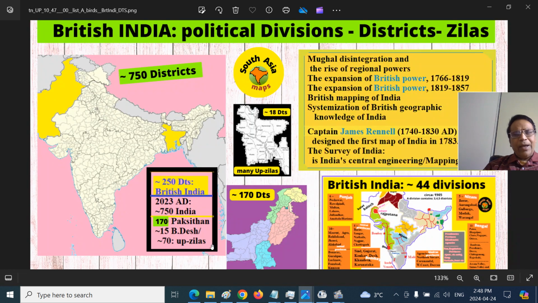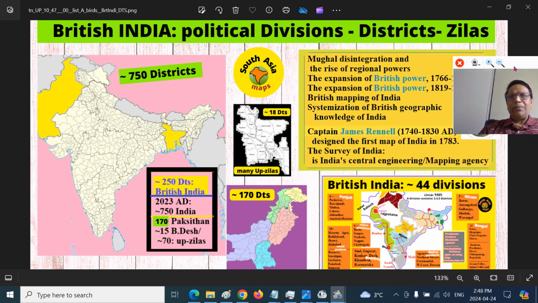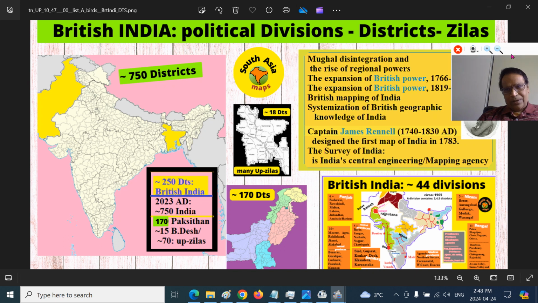As British imperialism was imposed in Bharat, the British appointed geographers and surveyor generals, and systemized the geographical territories of British India. The districts are called Jilas.